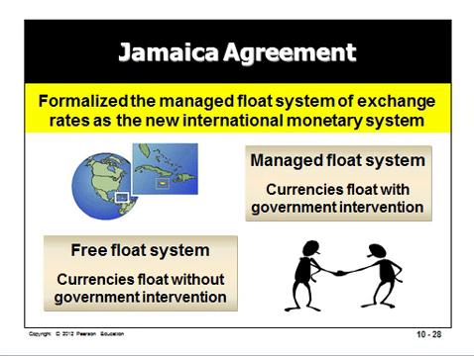The Jamaica Agreement is an IMF accord in 1976 that formalized the present system of floating exchange rates. Three main provisions included the endorsement of a managed float system of exchange rates, the elimination of gold as the primary reserve asset of the IMF, and the expansion of the IMF to act as a lender of last resort for nations with balance of payments difficulties.